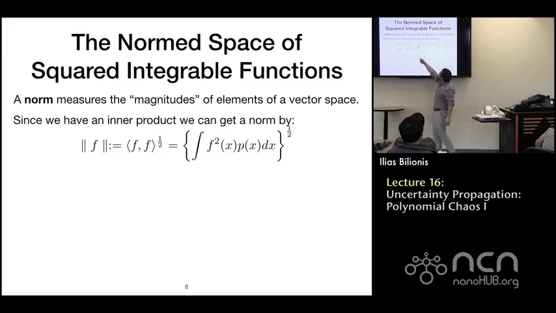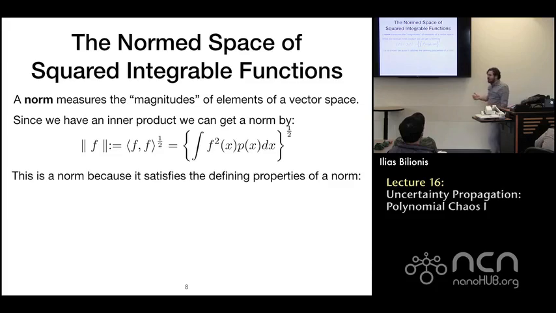The summation becomes an integral, and we just weight everything with something, no big deal. All right? So this function is a norm because it satisfies exactly the same things, it has exactly the same properties as the standard norm of Euclidean spaces. So first, it is positive, okay?